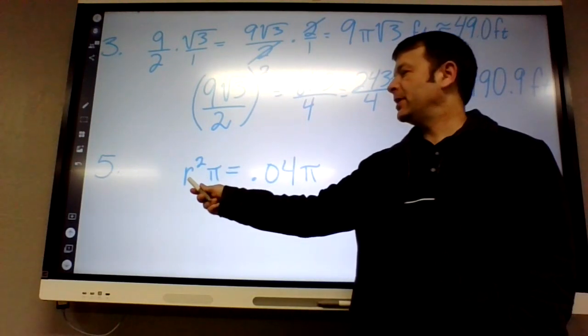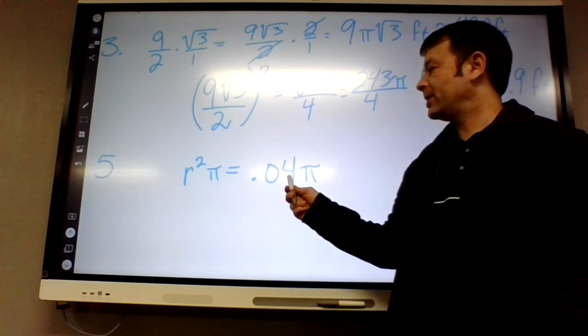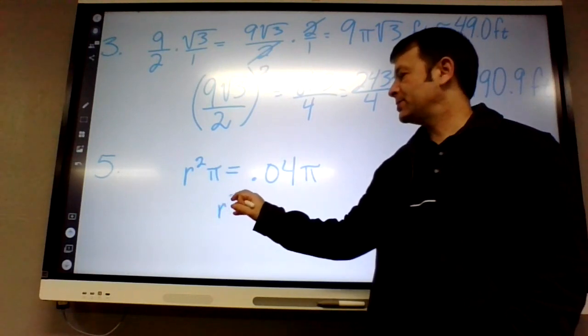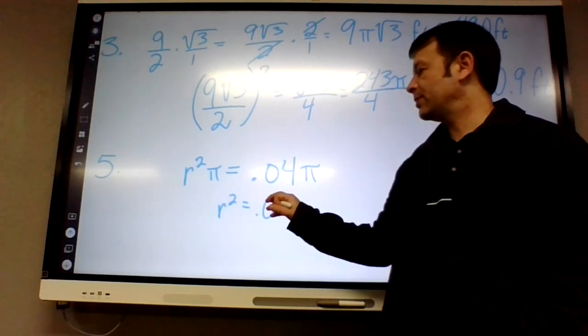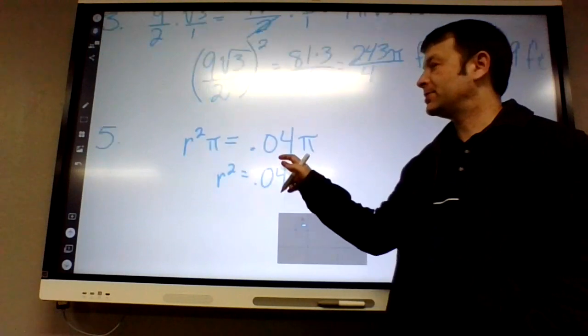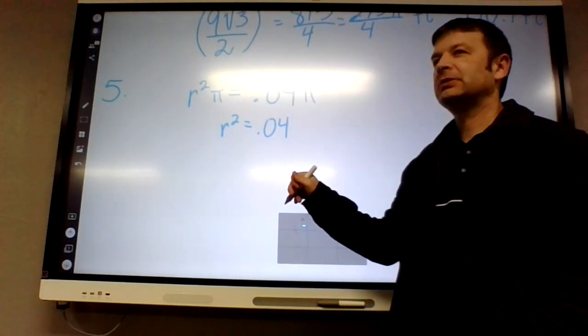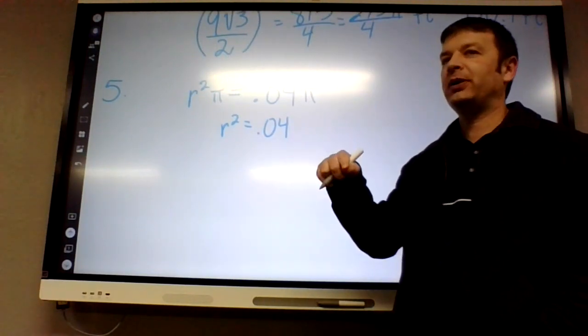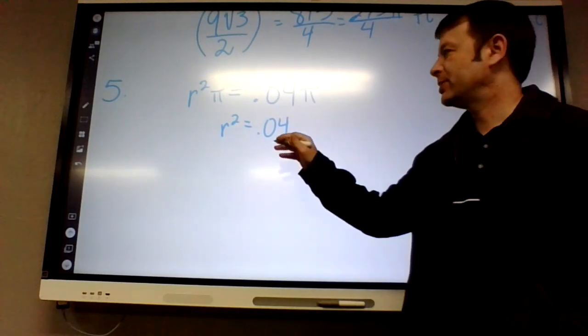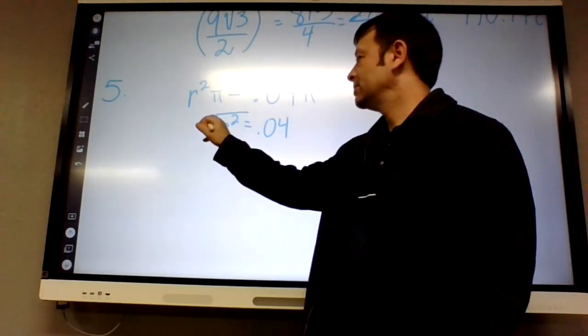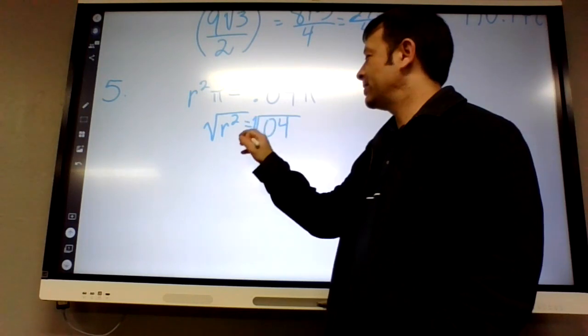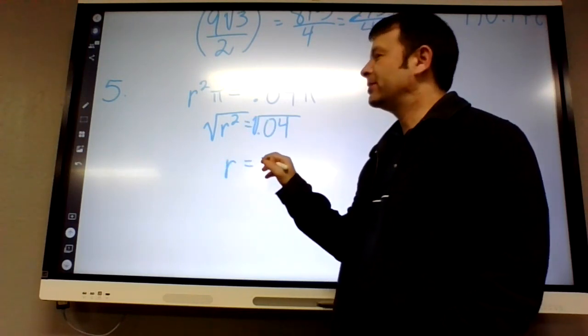Well, the area is radius squared times pi. So the radius squared must be 0.04, right? So how do I find just the r? What's the opposite of squaring? Square root. Yes. You are correct. Anybody think they might know what that is without calculating? Maybe not.